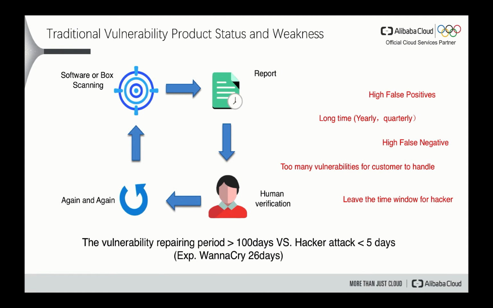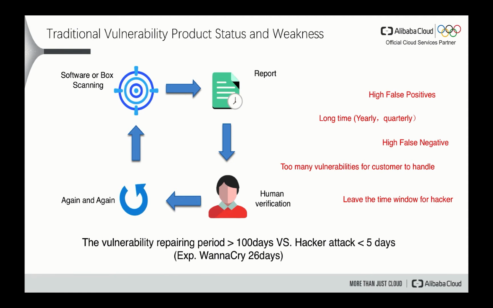Sometimes it is half machine, half human, and we need experts to do the verification for the reports also. And we have to repeat the cycle again and again, involving all the resources and human resources to do the scanning work.